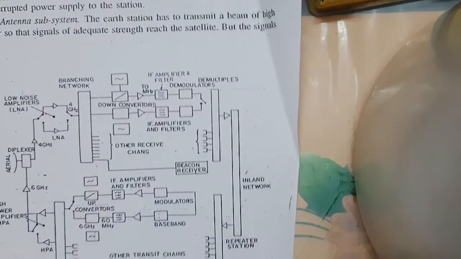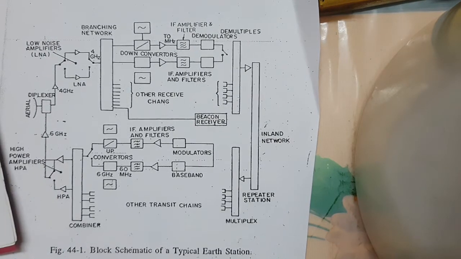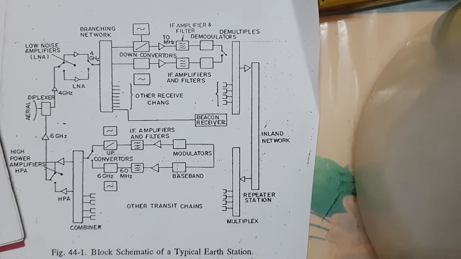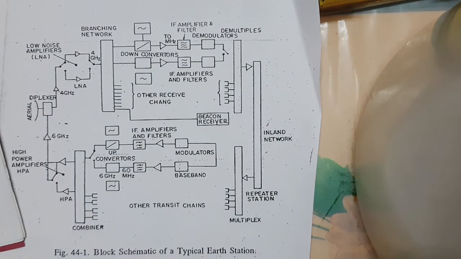Today we are discussing satellite telecommunication earth stations. This is the complete block diagram of a satellite telecommunication earth station. A communication satellite system consists of a communication satellite high up in the sky and many earth stations on the ground which communicate via satellite.